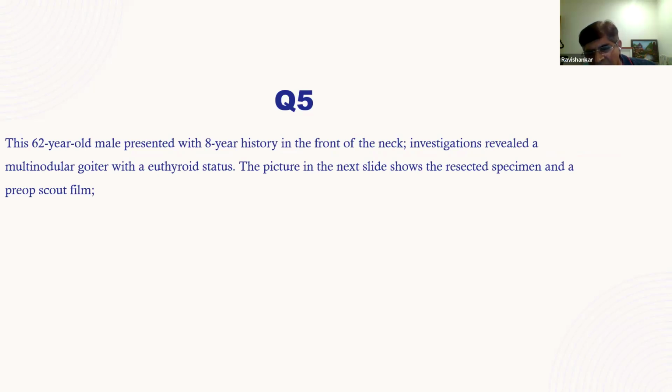Then describe the procedure that you are going to recommend, but also describe the open procedure, and then the complications, and also what happens if the patient doesn't go through with the operation. So all of this forms part of the consent process. Okay, next one.